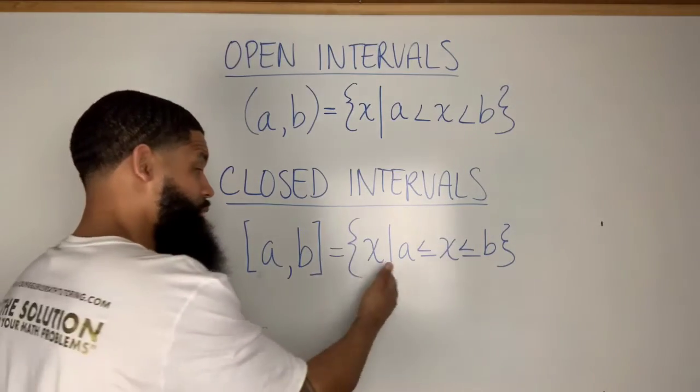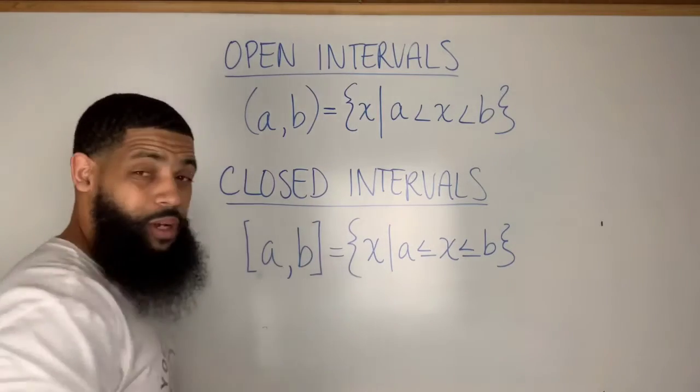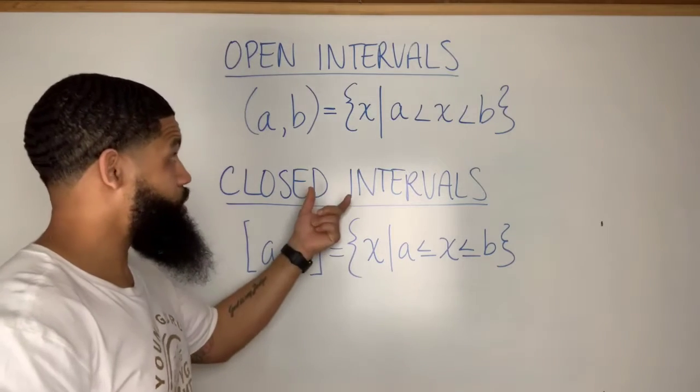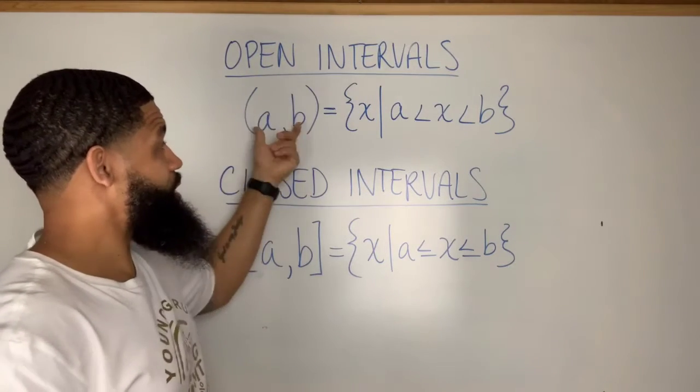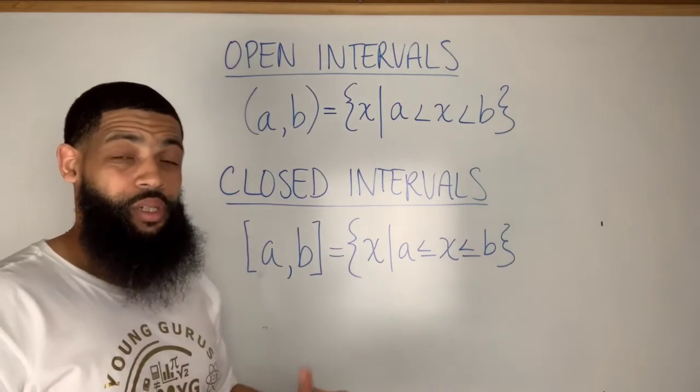So here's the difference. Notice these are brackets on these letters, and these ones have parentheses. The difference is a and b, in this case, when it has the brackets around it, are included in your solution set. That's why it's a closed interval. A and b in this case are not included in your solution set, so it's an open interval.